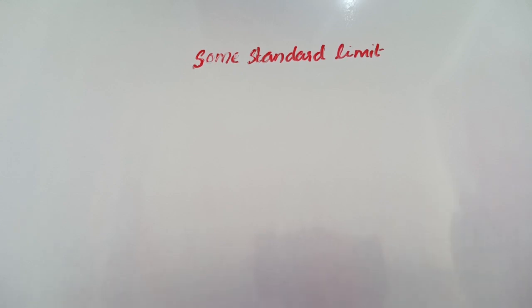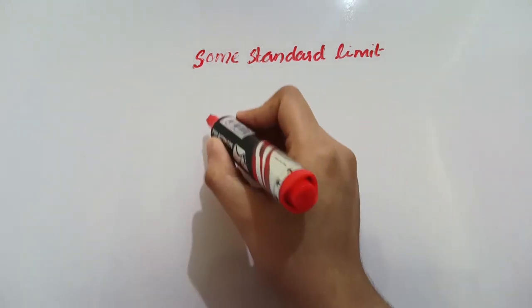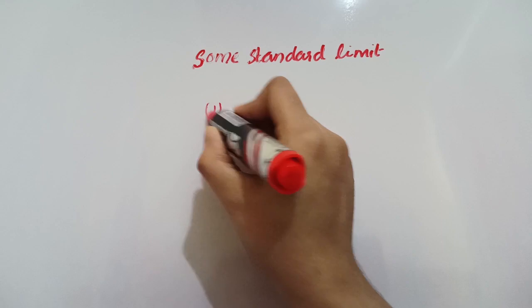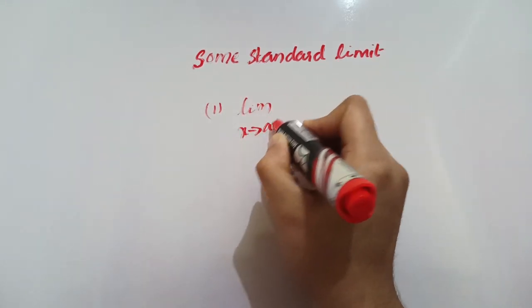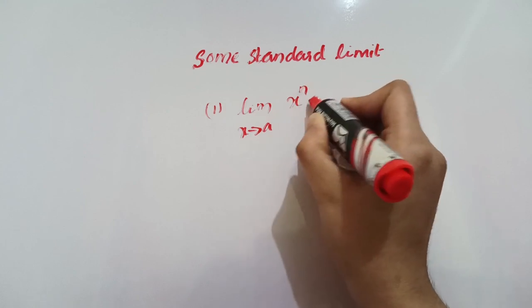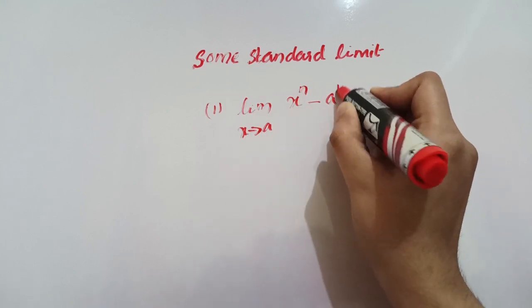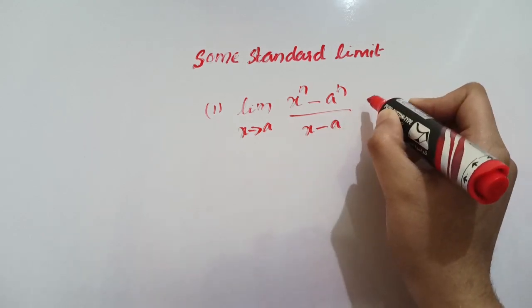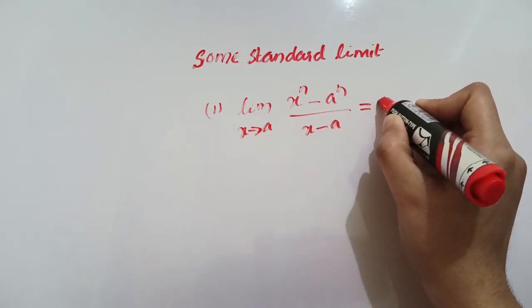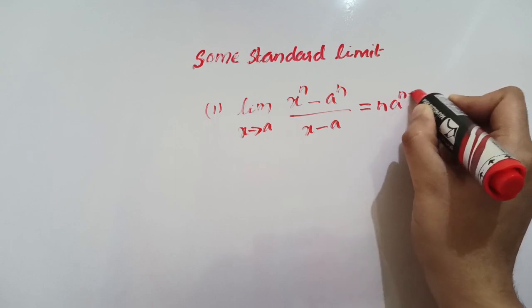Next, we can look at some standard limits. First one is limit x tends to a, x raised to n minus a raised to n by x minus a is equal to n into a raised to n minus 1.